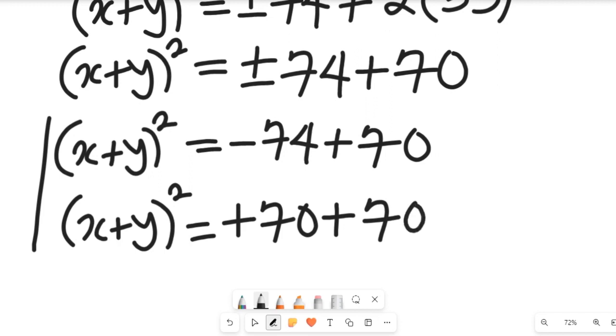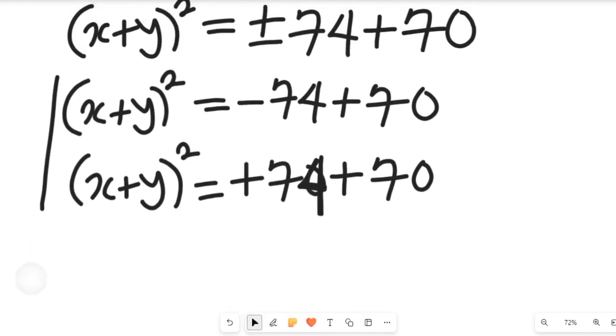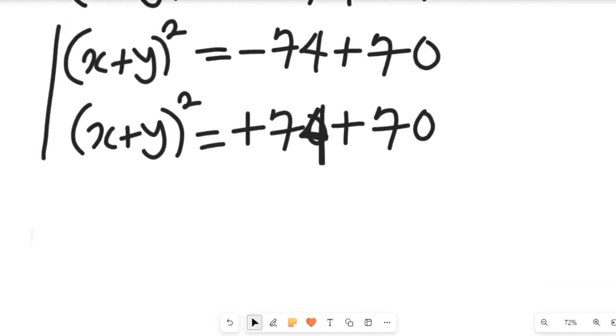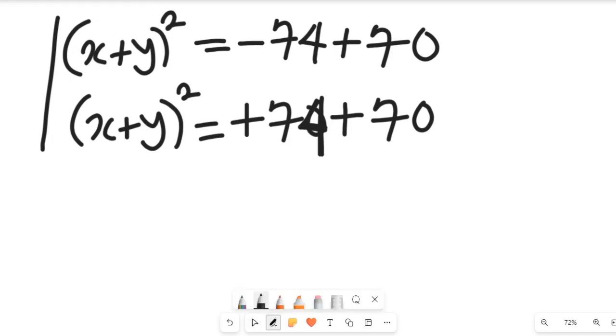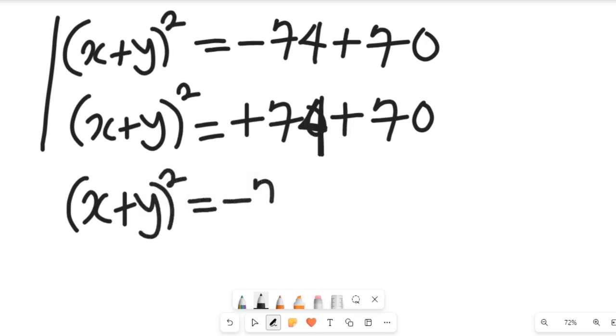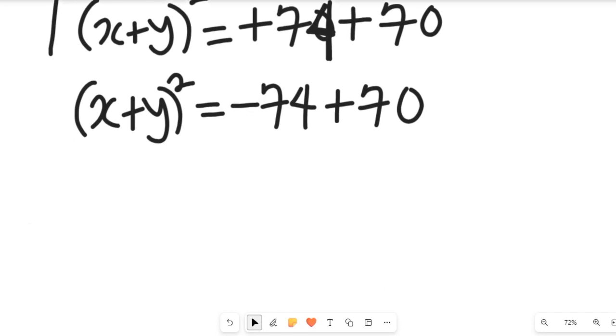Now from these two expressions, we are going to solve for x and y. Now from the first expression, you come to see that we have (x plus y) all squared to be equal to negative 74 plus 70. Is going to give us what?